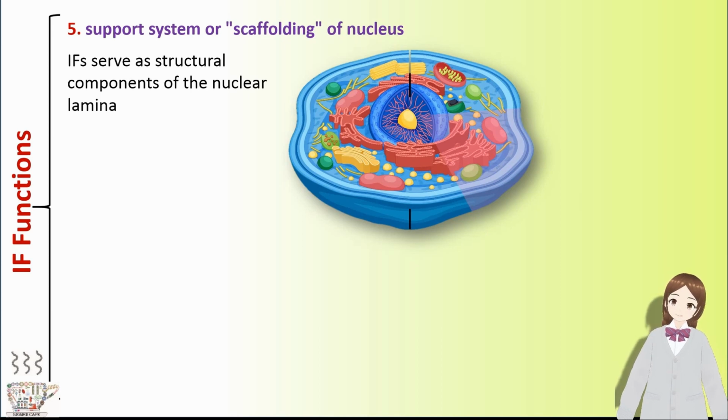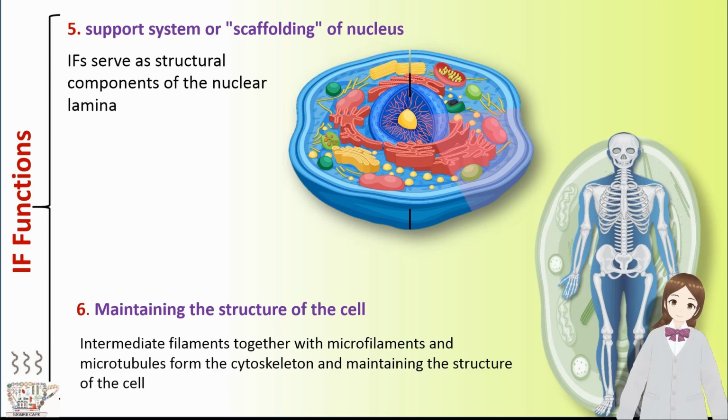Intermediate filaments serve as structural components of the nuclear lamina. 6. Maintaining the structure of the cell. Intermediate filaments together with microfilaments and microtubules form the cytoskeleton and maintain the structure of the cell.